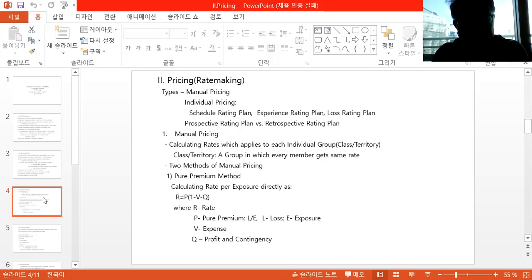Now there are two methods of manual pricing. The first one is called the pure premium method. The second one is called the loss ratio method.